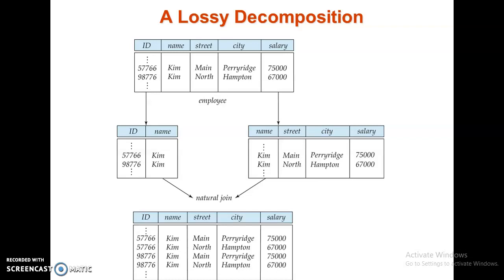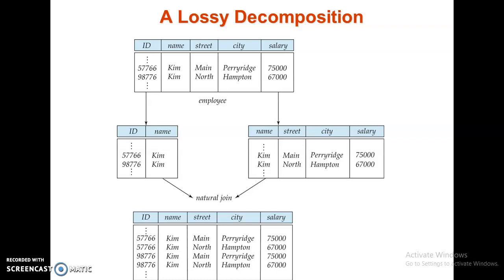If you have lost any information which is there in the original relation when you perform a join operation between the decomposed relations, or when you get extra information which is not there in the original relation, this kind of decomposition is referred to as a lossy decomposition, which can be seen in the current example.